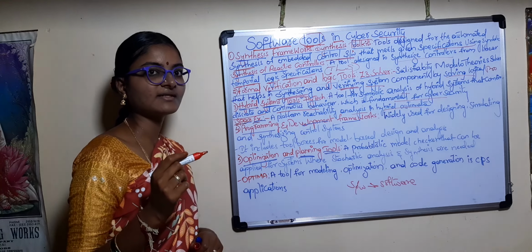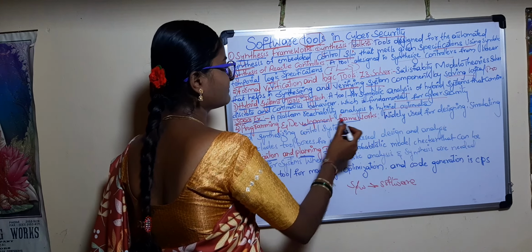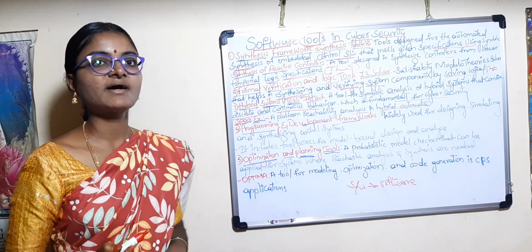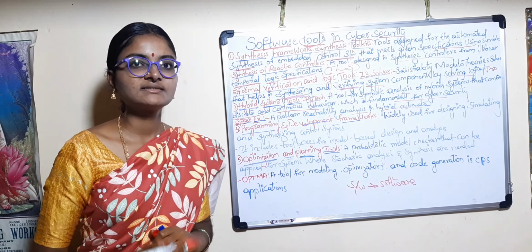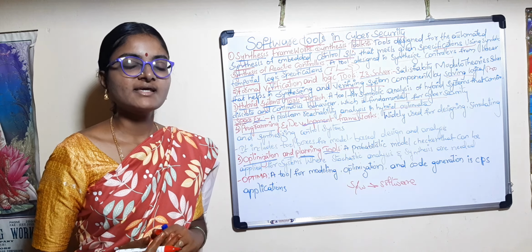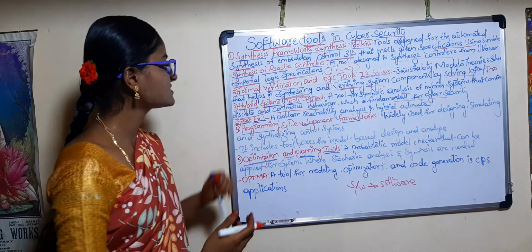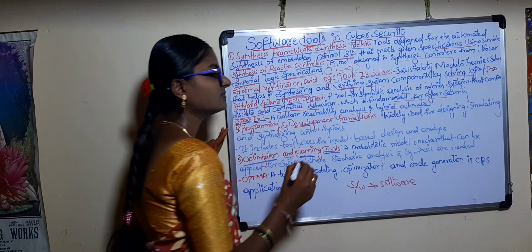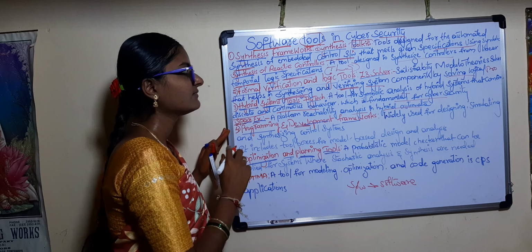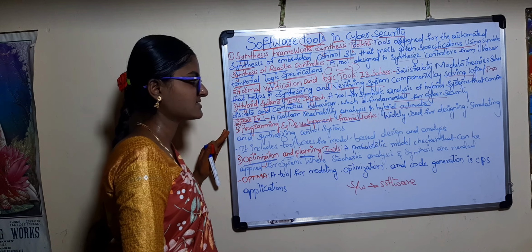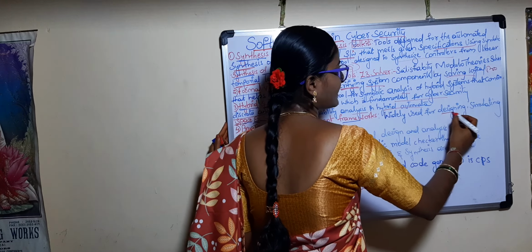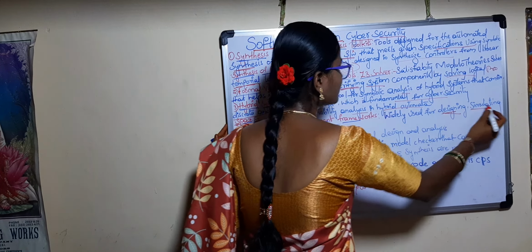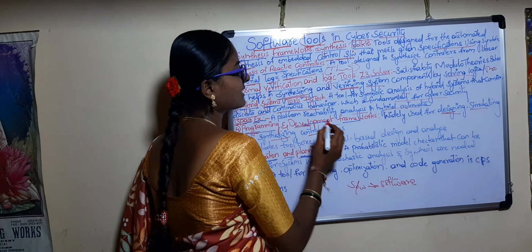And next, the fourth method is programming and development frameworks, which means programming languages like Java, Python, SQL, C++, C, Ruby, MySQL. All programming languages are also used in cybersecurity, and to develop those frameworks we also use this method, software tools in cybersecurity. They are widely used for designing, simulating and synthesizing control systems.